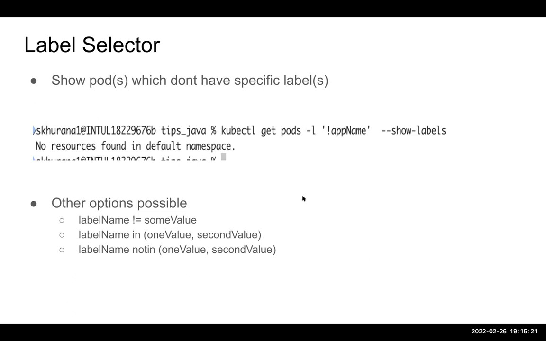One example is that you can select the pod which doesn't have the label app name. Because both our pods have the label app name, it will not return any result. So any pod which doesn't have the label app name will show here. Let's see this example, then we'll go through the other available options.